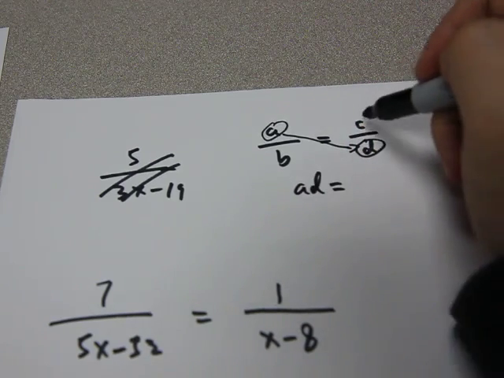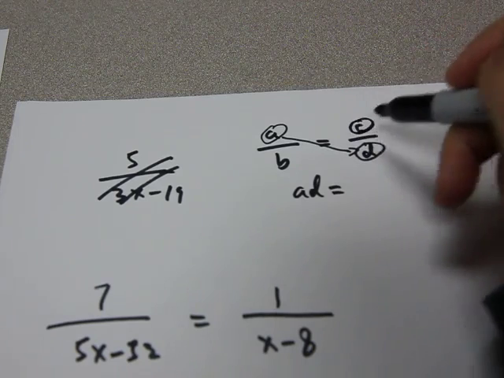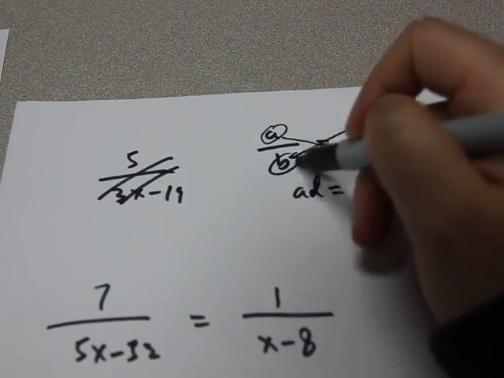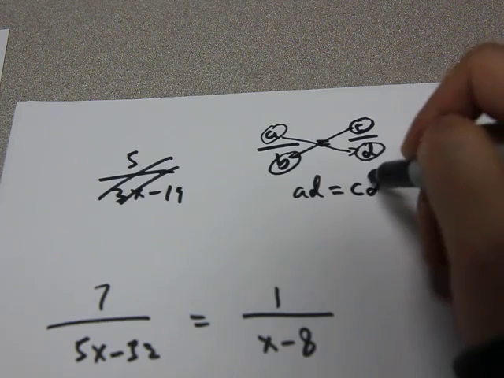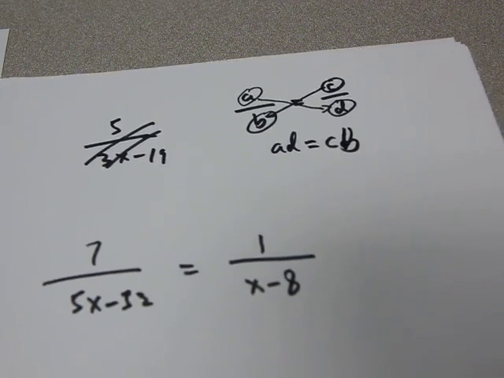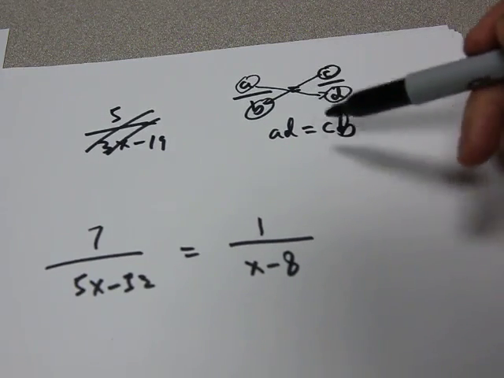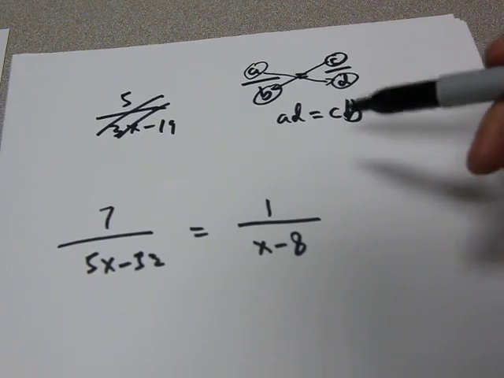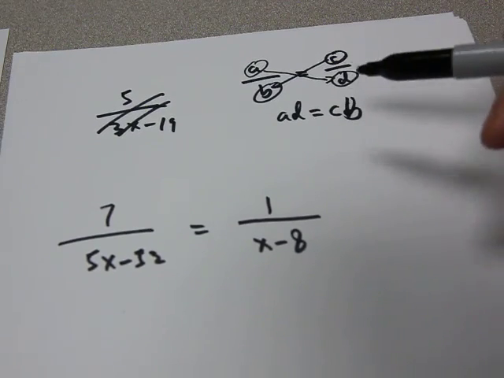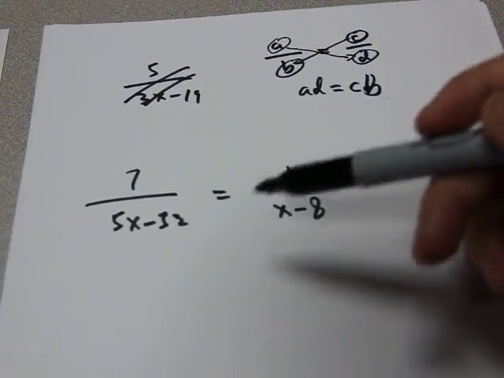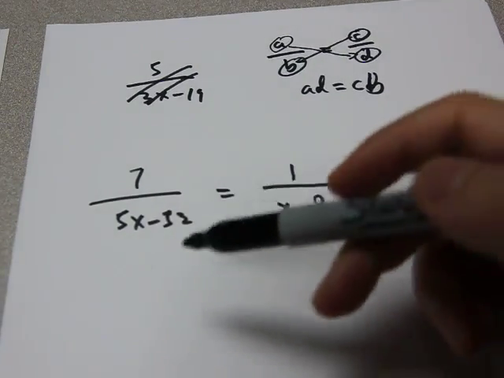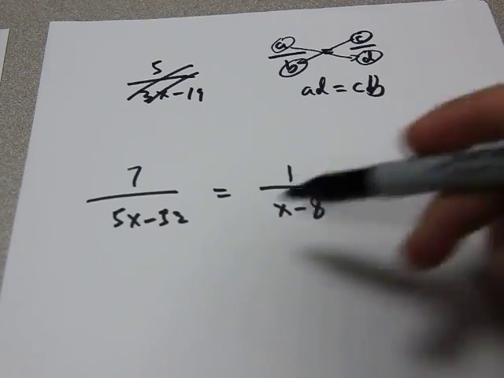And this equals the numerator of the second expression times the denominator of the first expression. So we can rewrite the equation this way. Right? And remember, we can only use this method if we only have one rational expression on each side.